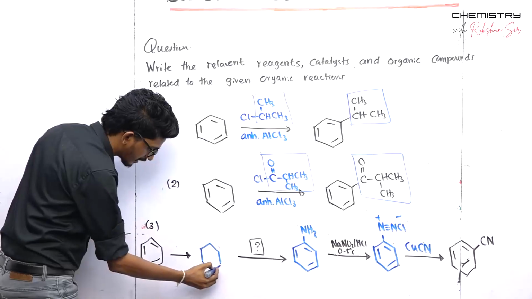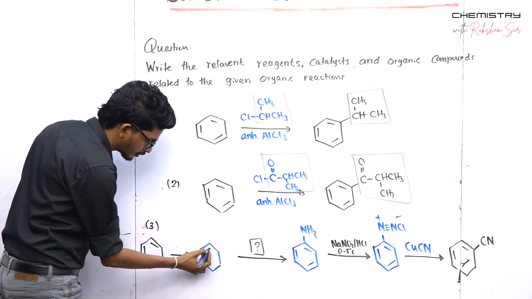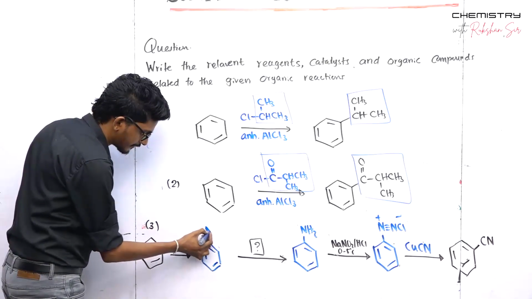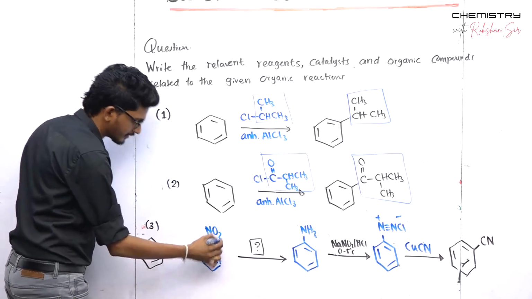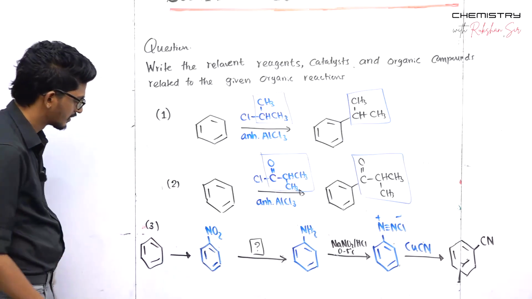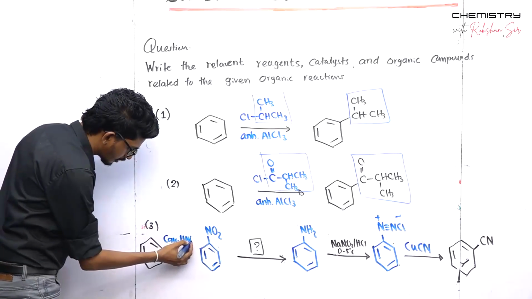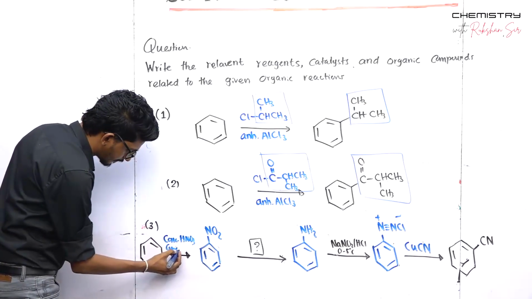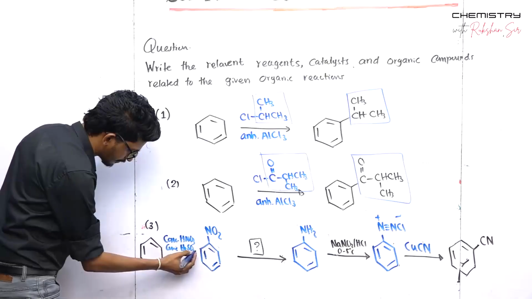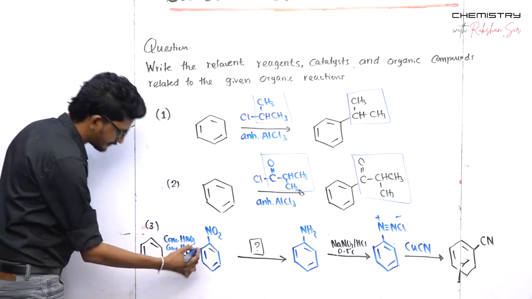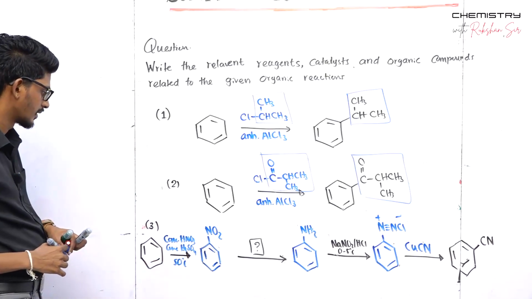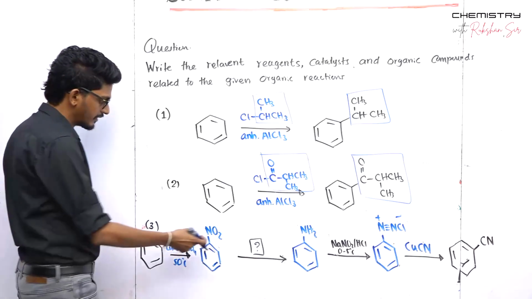So the nitration: benzene can be nitrated with the use of conc HNO3 and conc H2SO4 at 50 Celsius. Finally, we can complete this.